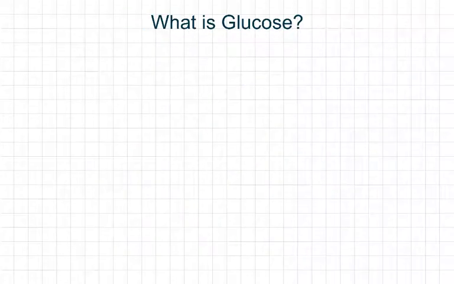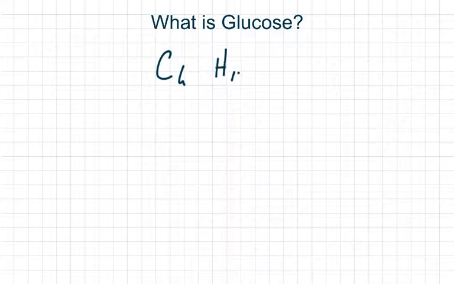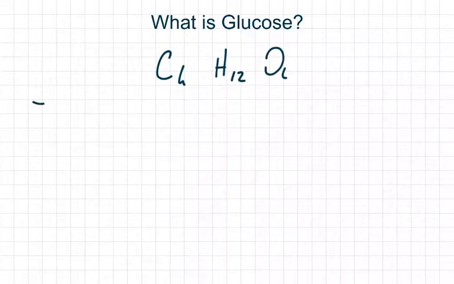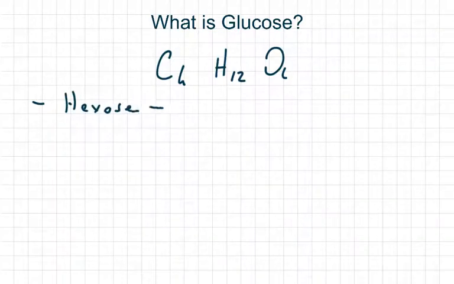So what is glucose? Glucose is a simple sugar with molecular formula of C6H12O6. In chemistry terms, glucose is what we call a hexose, because it contains 6 carbons. Now when we look at this in a pictorial format, these carbons plus one of the oxygens create what's called a pyranose ring.